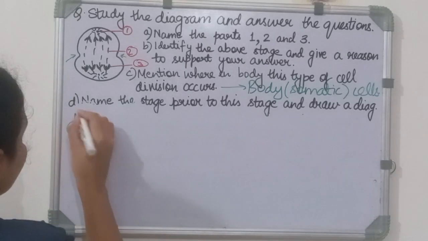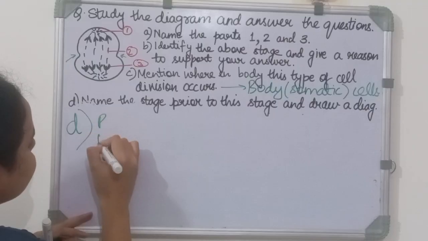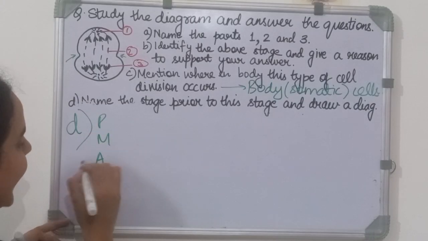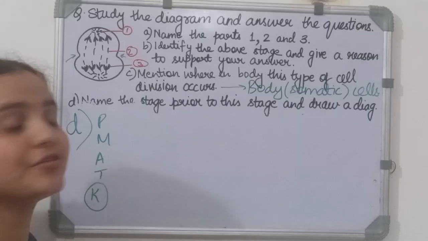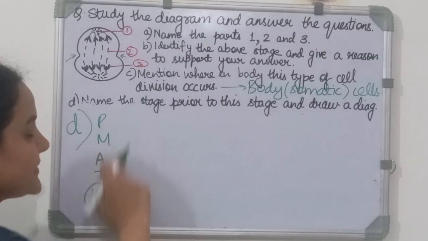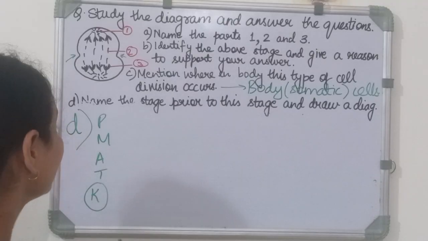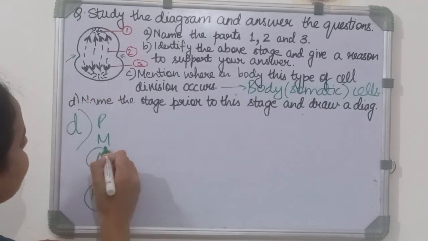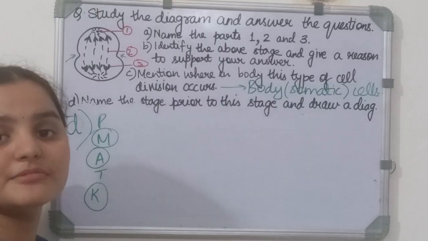So part D. So do you remember that mnemonic? Prime Minister at Kolkata. Kolkata was referring to karyokinesis, because these are the stages of karyokinesis, means they are the stages of nuclear division. So before anaphase comes metaphase. So prior to anaphase comes metaphase.